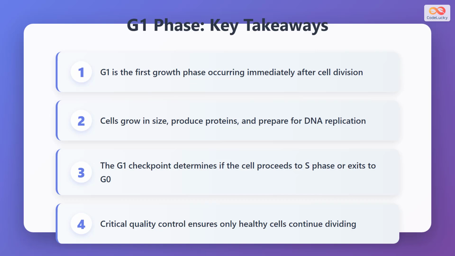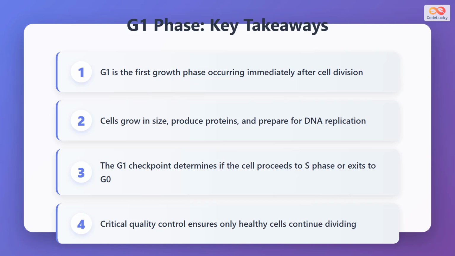Let's summarize the key takeaways about G1 phase. First, G1 is the first growth phase that occurs immediately after cell division is complete. Second, during G1, cells grow larger in size, produce the proteins they'll need, and prepare everything necessary for DNA replication. Third, the G1 checkpoint is a crucial decision point that determines whether the cell will proceed to S phase and continue dividing, or exit to G0 phase and stop cycling.